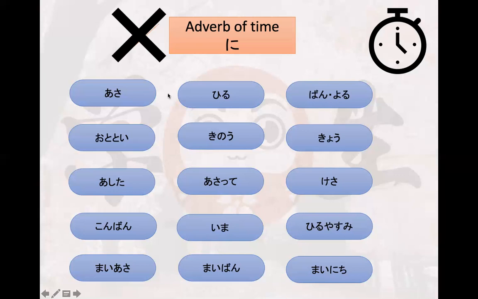So I'm going to read asa, hiru, ban, yoru. Ototoi, kino, kyo. 明日、明後日、今朝、今晩、今、昼休み、毎朝、毎晩、毎日。Now, if you want to know the meaning of the following adverbs of time, please check your vocabularies of lesson 4.